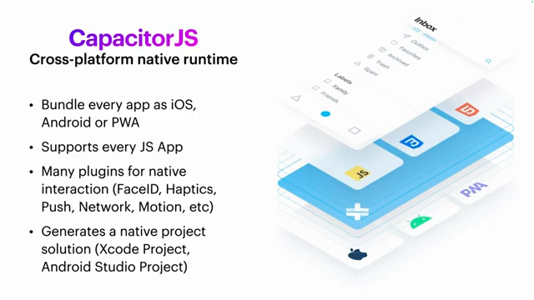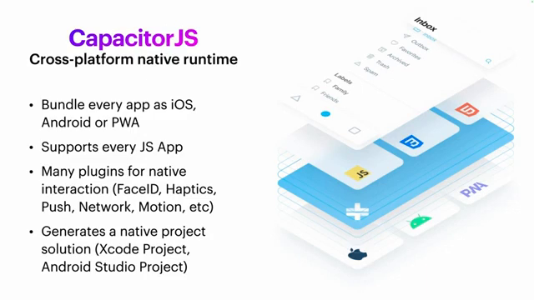And the great benefit of Capacitor in comparison to Cordova is that Capacitor JS generates a native project solution. Cordova back in the day was built around configuring Cordova, which then later builds the native bundles like IPAs and Android APKs.